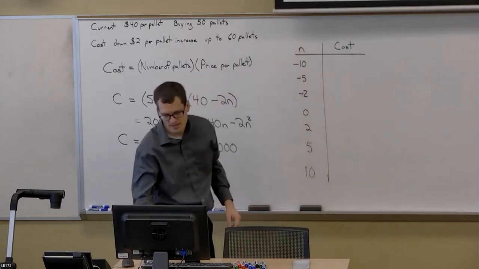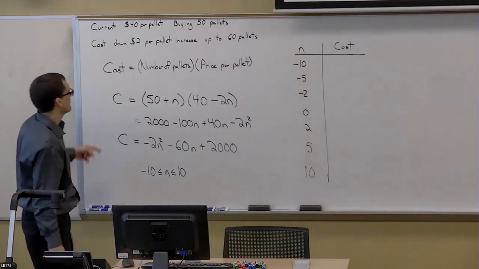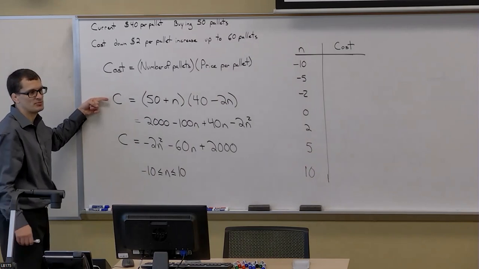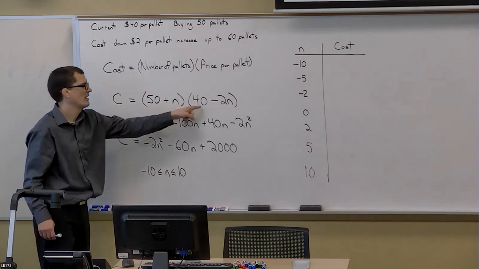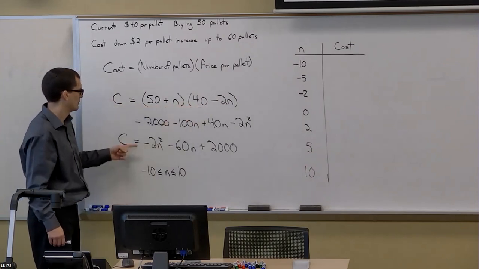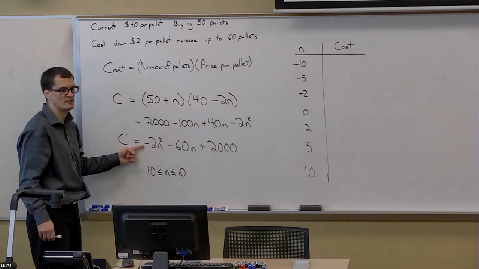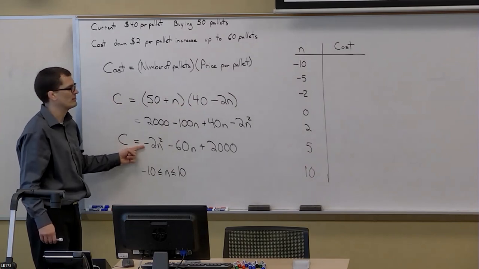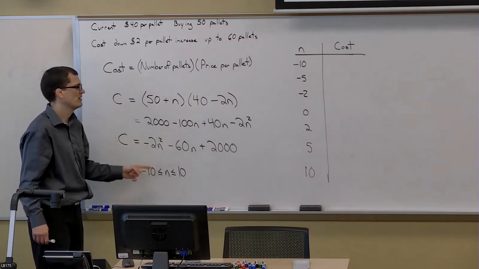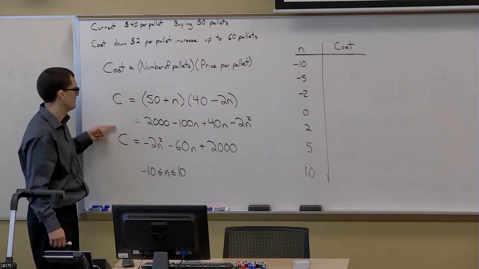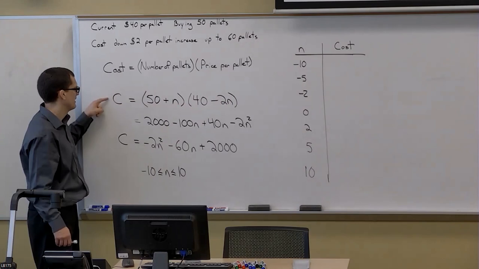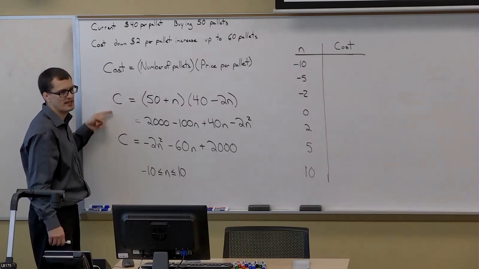All right. Now, it doesn't matter which equation you plug that n into. You can plug the negative 10 into here, or you can plug in the negative 10 into this one. It doesn't really matter which one. They're going to give you the same answer. These two equations are the same thing, right?